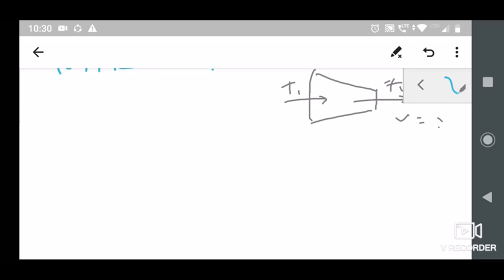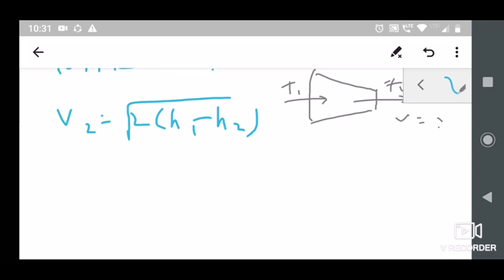How do we calculate the velocity? We have the relation V2 is equal to the square root of 2 into (H1 minus H2). This relation comes from the steady flow energy equation, neglecting some terms. What are the assumptions here?